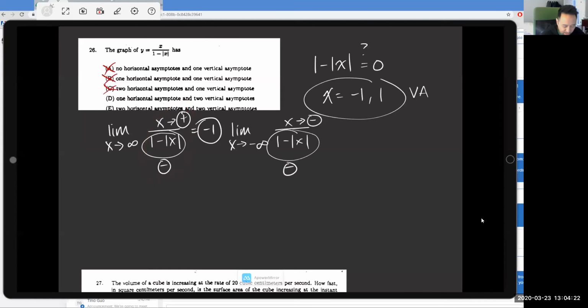And for the second example, a very large negative number over a very large negative number, you could simplify that to +1. So it looks like I got 2 horizontal asymptotes. You have one at y equals -1, another at y equals +1. So it looks like my answer is going to be E.